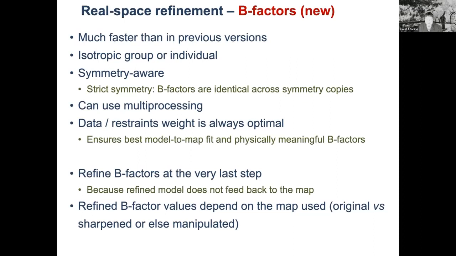So there's no point to refine them at each and every cycle. Now, another question that comes up: refined B-factor values depend on the maps that you use. Think of original maps or sharpened maps. So which map do you use when you decide to refine B-factors? I do not know the answer, and I just put that out there to stimulate a discussion on the topic.